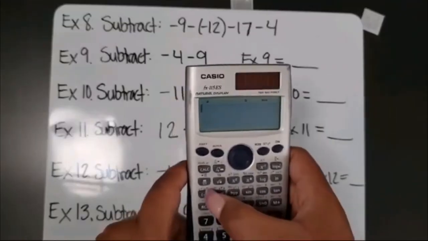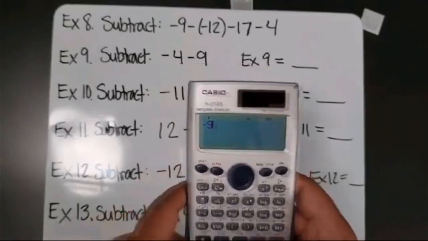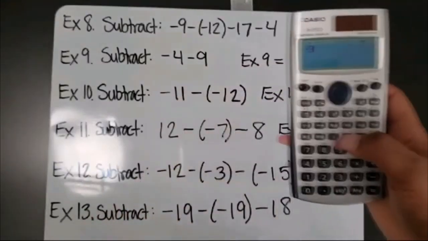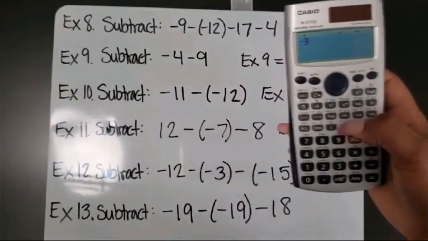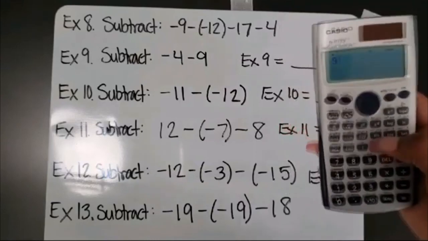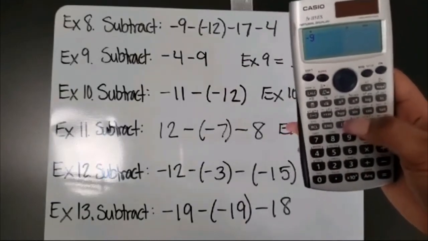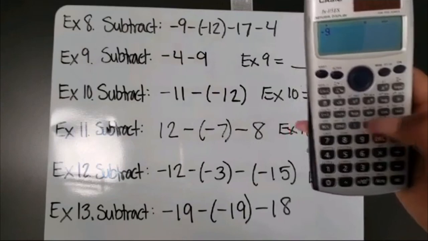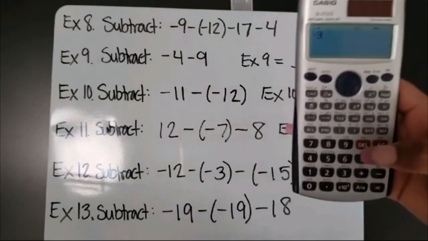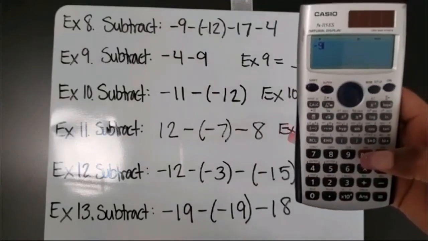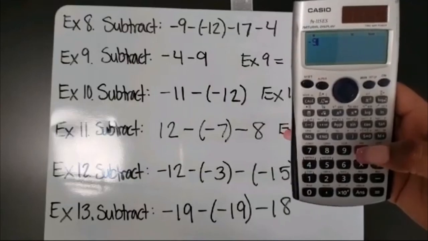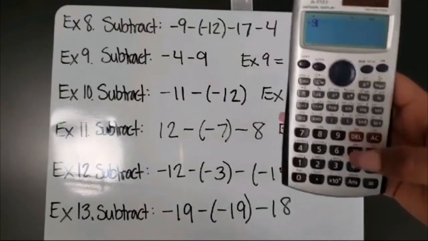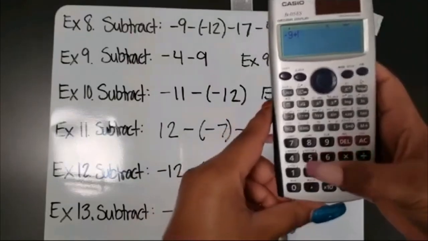So for number 8, we have negative 9. Let me move this out of the way so you guys can see 9, 10, 11, and 12. So we have negative 9. And because we have that minus negative 12, I'm going to do plus 12.